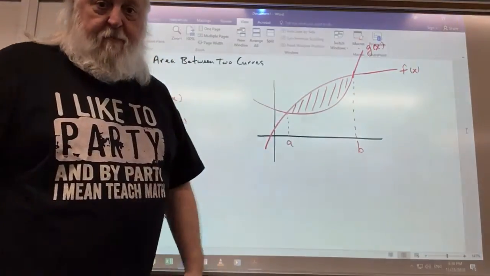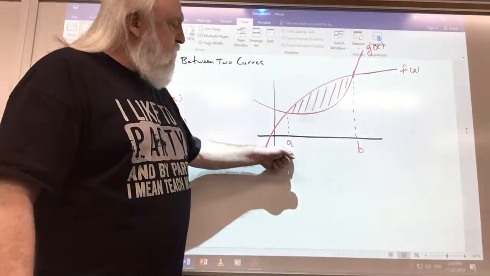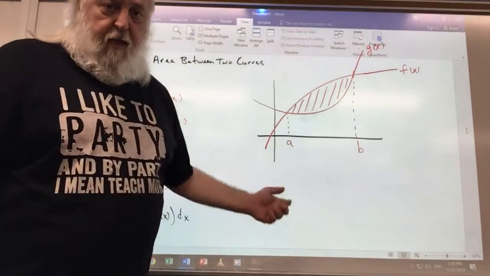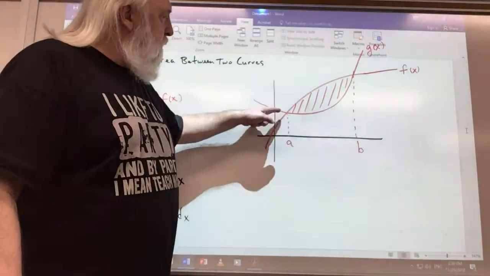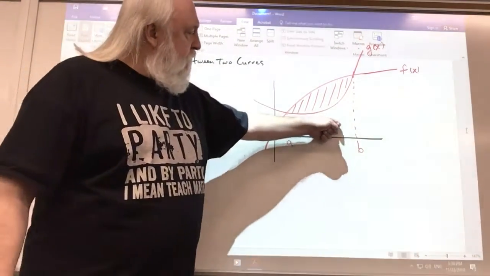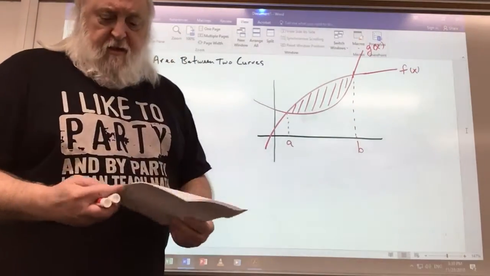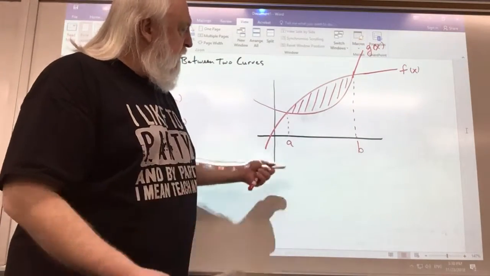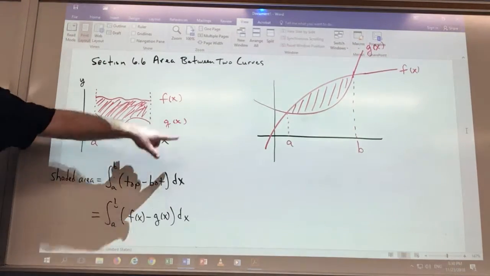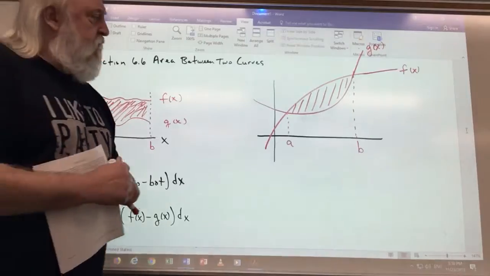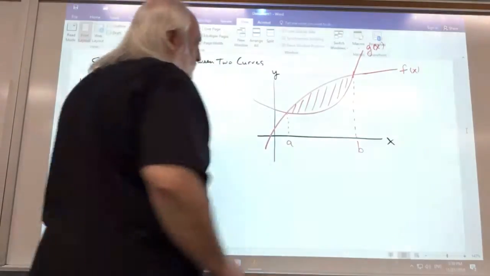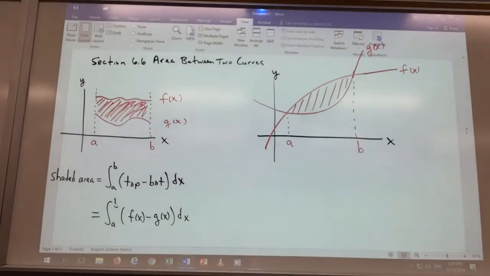In this case, you won't be given x equals a and x equals b. We'll have to calculate what a and b are by determining where the two functions intersect. And once we know for what values of x the two functions intersect, we can then use our definite integral over here to find the area between the two functions. Just remember, this is the x-axis and this is the y-axis in the coordinate plane.